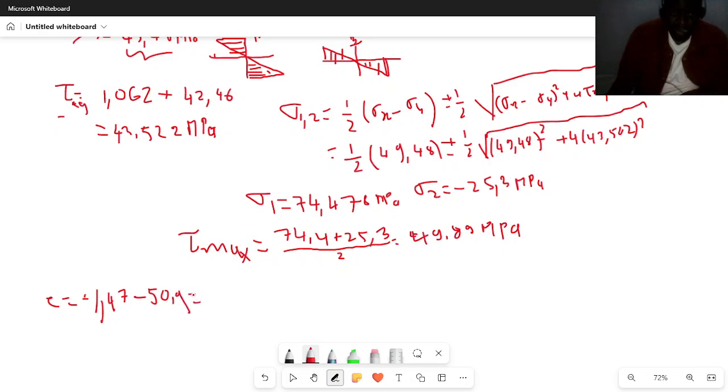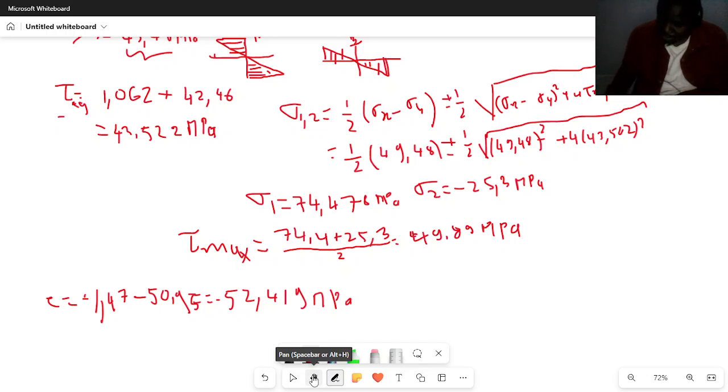What's the answer? So it's going to be negative 52.419, negative 52.419 megapascal. Now let's see what is happening on the shear stress.